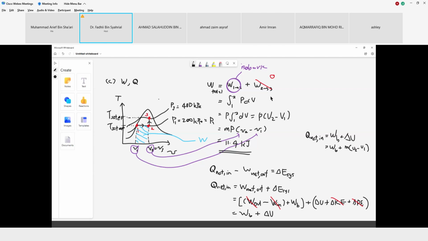We have done this in tutorial number 1, we can change this V axis with other properties, right? For this case, we want to find internal energy, so we can change to u1.